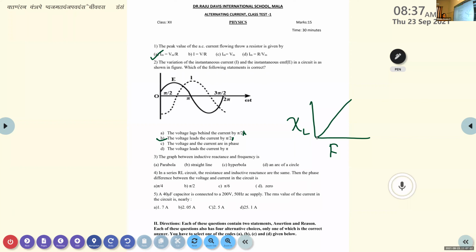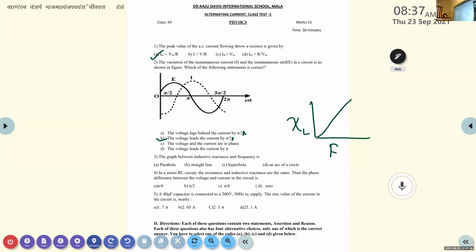Then, in a series RL circuit, the resistance and inductive reactance are the same. Then the phase difference between the voltage and current in the circuit is dash: pi by 4, pi by 2, pi by 6, or 0.